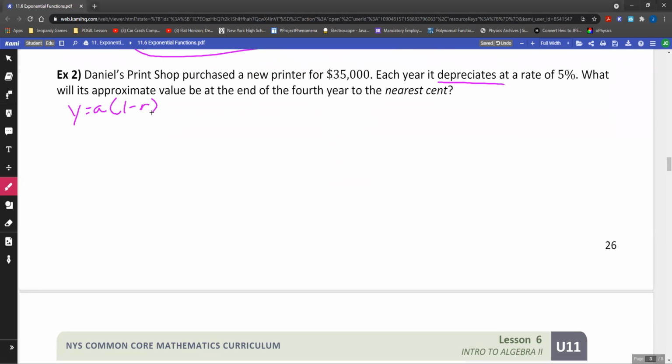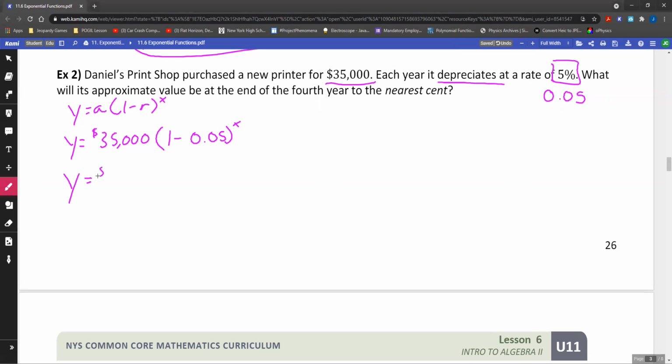So we're going to end up having the minus r in there. Our initial value is 35,000. And they said that the rate is 5%, which would be rewritten as 0.05. So I do 1 minus 0.05 to the x.